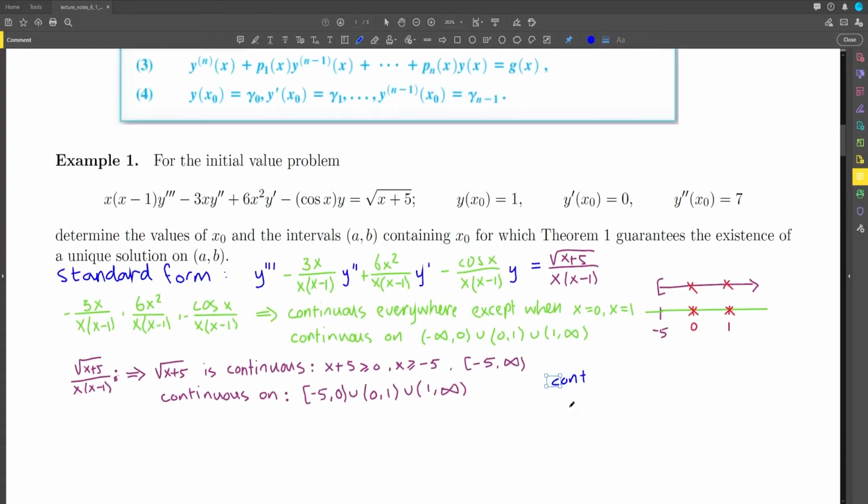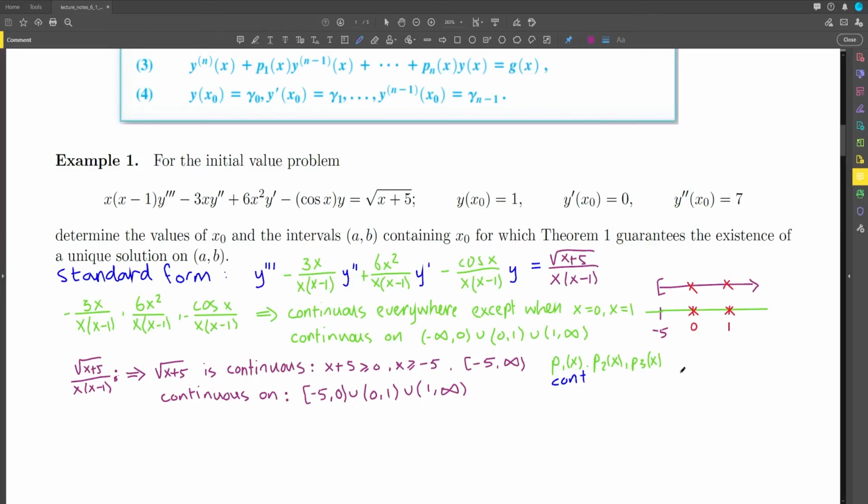So our conclusion here is that P1 of x, let's use a different color here. Let's erase this here. So we have that P1 of x, P2 of x, and then P3 of x. Those are these three functions.